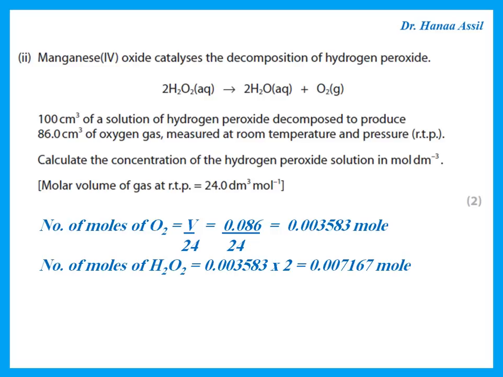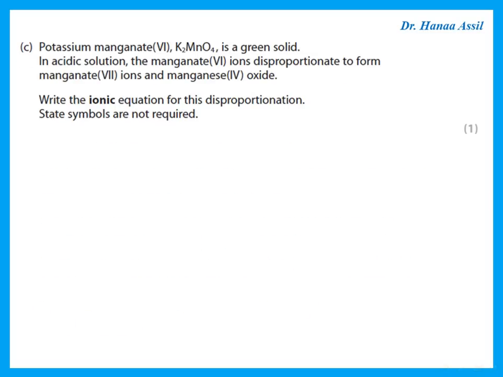Then I can get from the equation that the number of moles of H2O2 would be twice that of oxygen, so I get number of moles of H2O2. Now, that means the concentration would be the number of moles over the volume, which is 100 centimeter cubed or 0.1 decimeter cubed. So this is the concentration of hydrogen peroxide in mole per decimeter cubed.